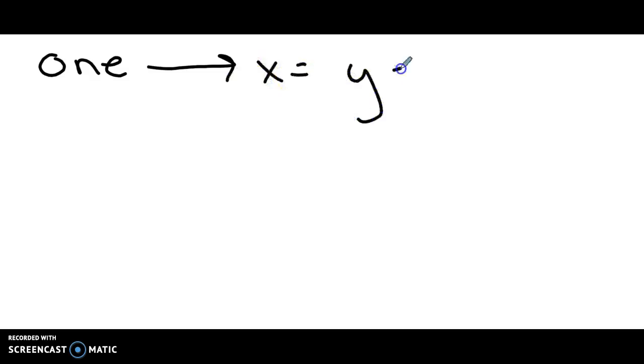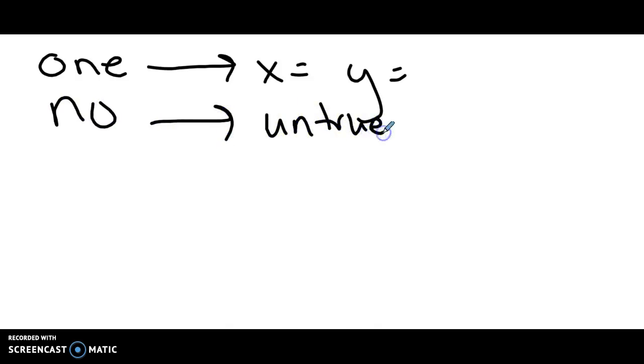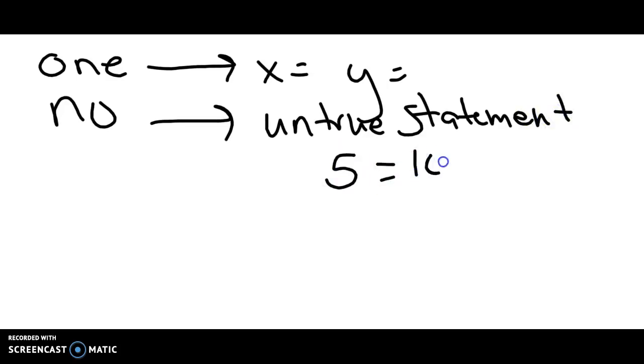So let's review. If it has one solution, your answer is going to be x equals or y equals a number. If it has no solution, you're going to come up with an untrue statement, such as 5 equals 10. We know that's not true.